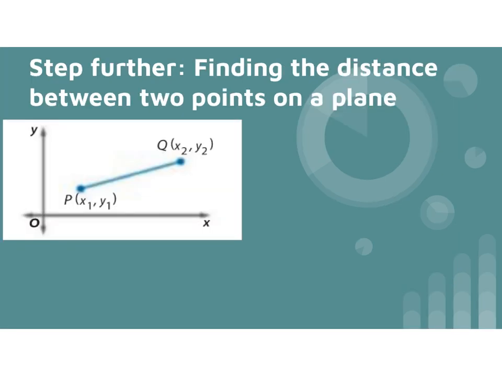Now, obviously, the world is not in just one dimension, and so now let's try to find the distance between 2 points on a plane. If we look at this, what do we notice? We can see that we are going to apply the Pythagorean theorem principle here.